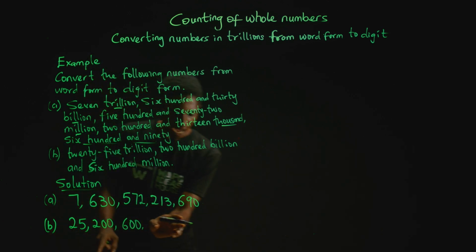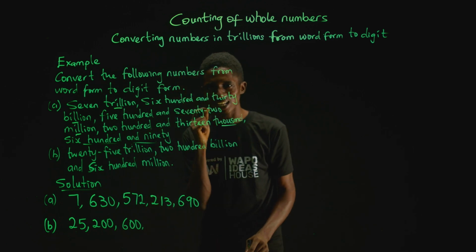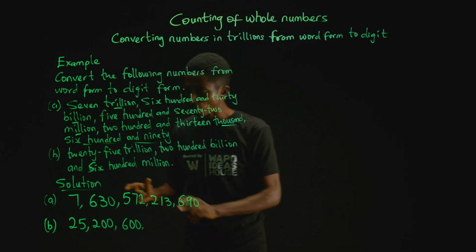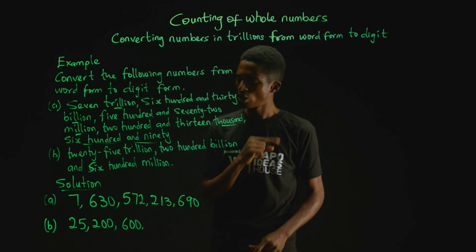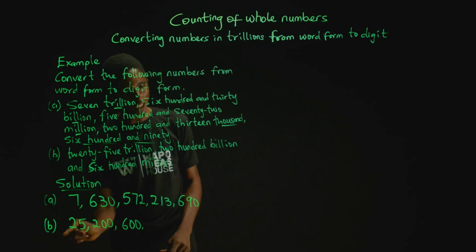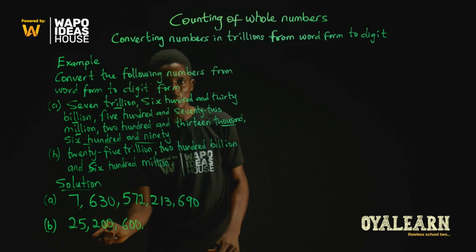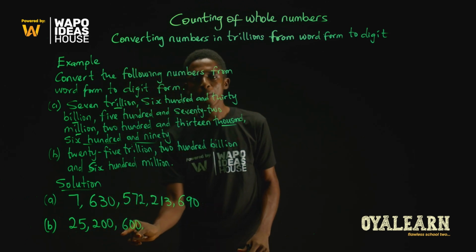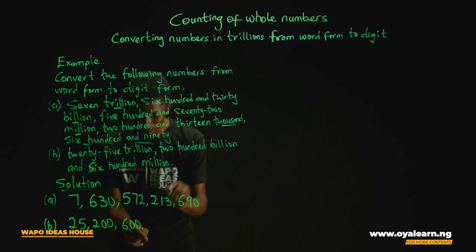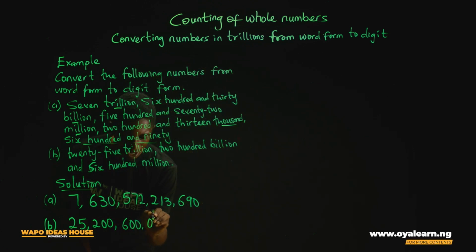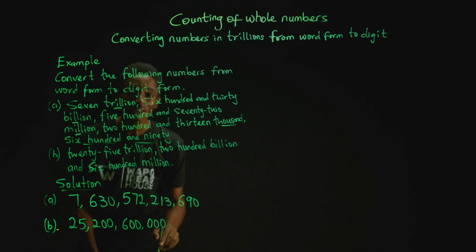Now, how do you know how many zeros go next? You follow the place value until you get to the ones. We already have trillion, billion, million. What is next? Yes, thousands. That will be 0, 0, 0.